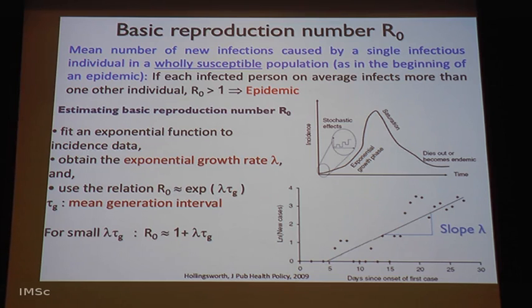In our calculation we have taken tau g as 3 days, the value first estimated from Mexico. Taking the logarithm of the number of cases on the y-axis against the days, the slope is very simple: we just calculate the slope, lambda.